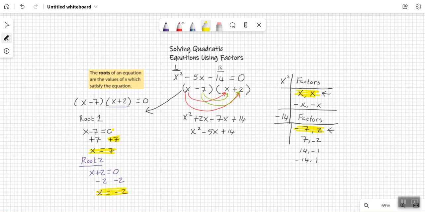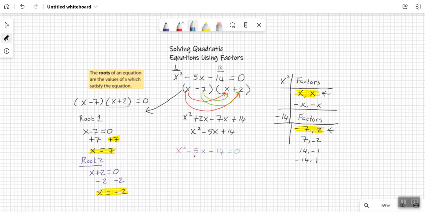So what does that mean? It means that if I take this original expression that I started with, and let's just bring this down here, so x squared minus 5x minus 14 is equal to 0.